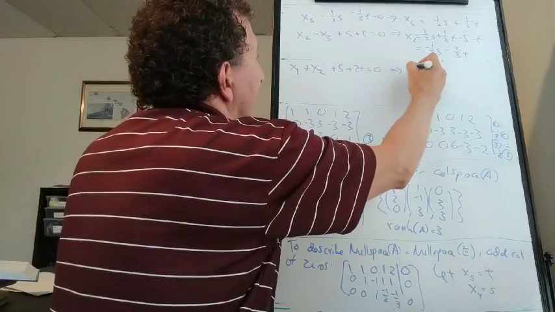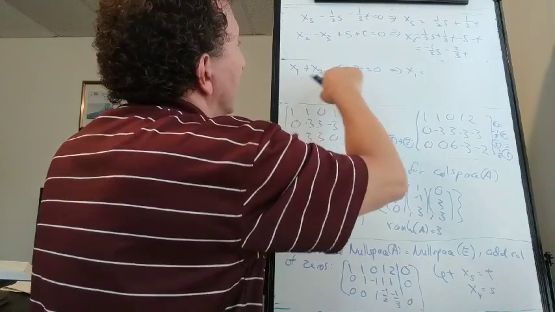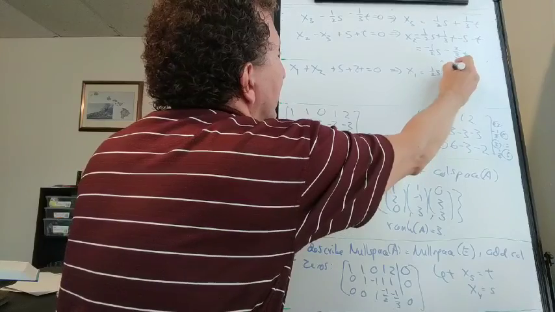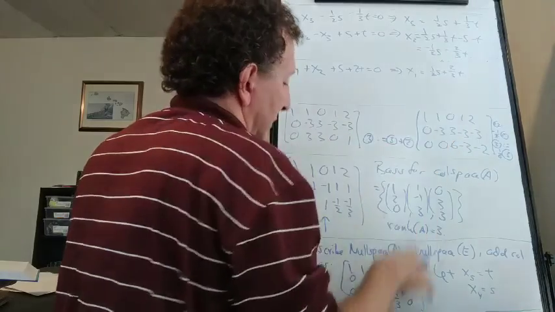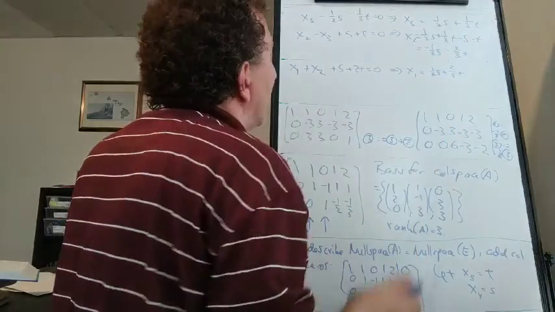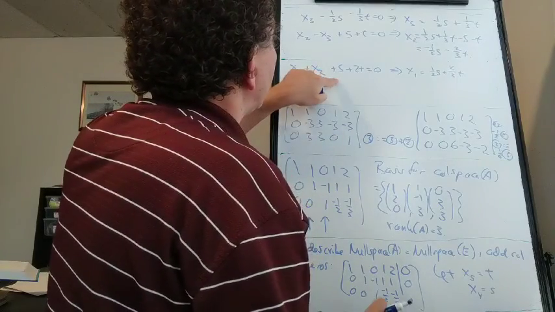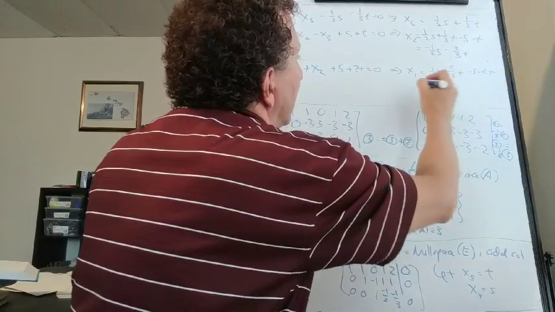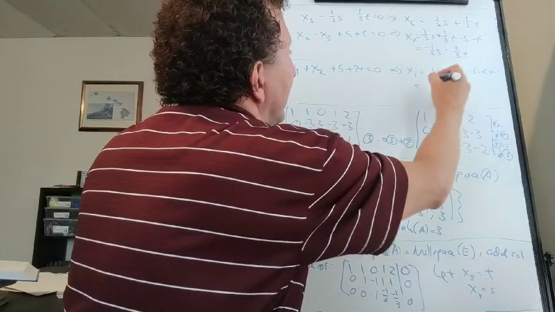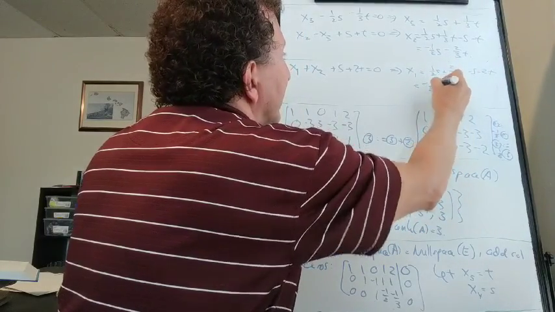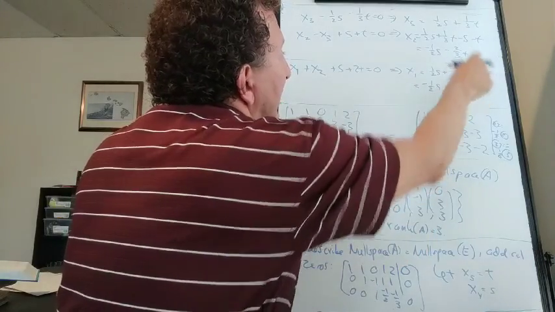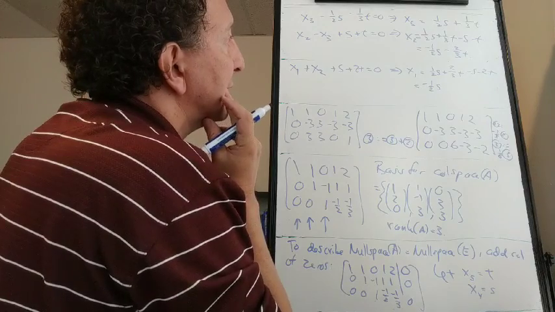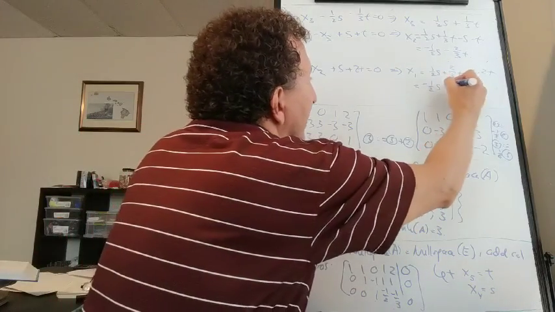So that means that x1 equals minus x2, 1/2 s plus 2/3 t, minus s minus 2t. So 1/2 s minus s is negative 1/2 s again. 2/3 t minus 6/3 t is negative 4/3 t.